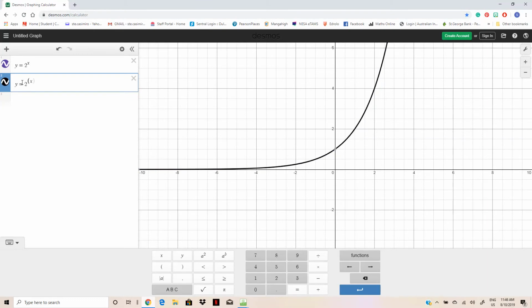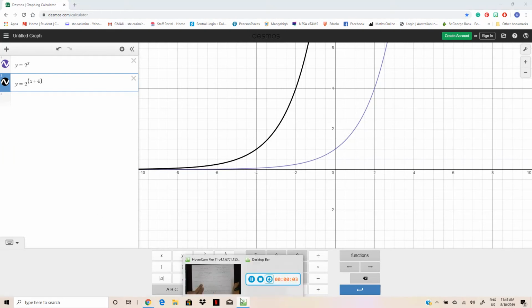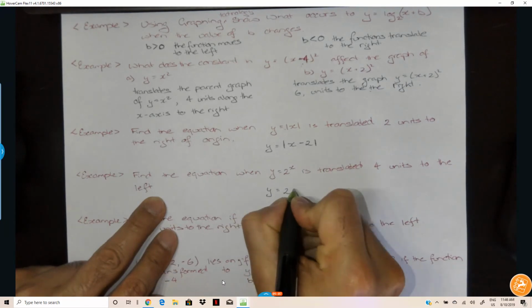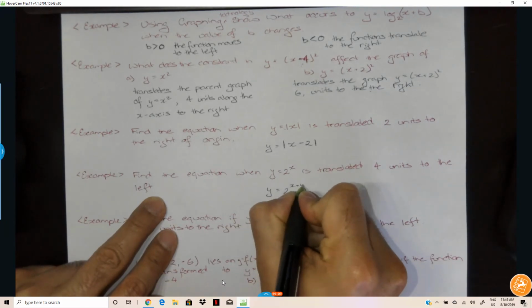I'm going to go left, so I want it positive. So x plus 4. So this would be y equals 2 to the power of x plus 4.